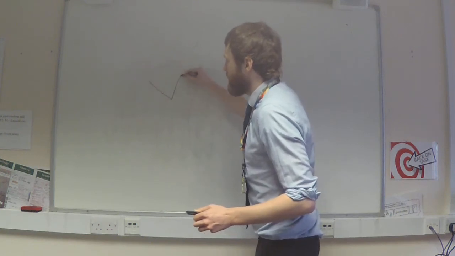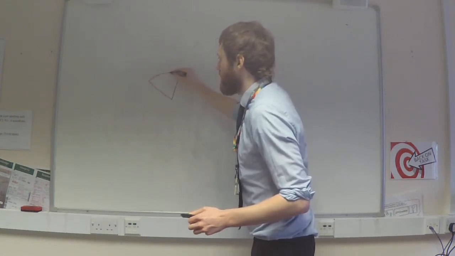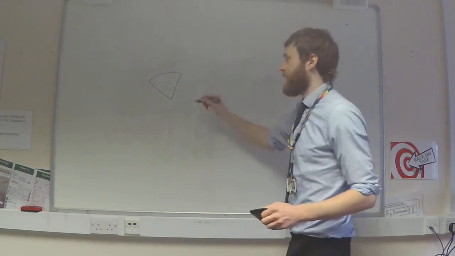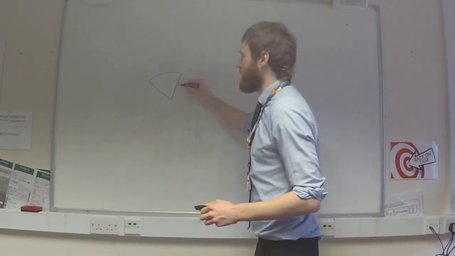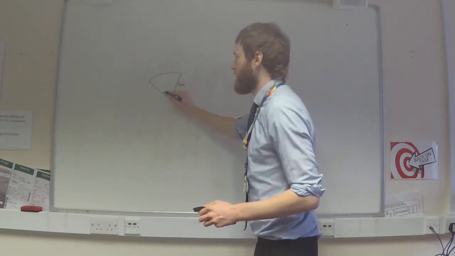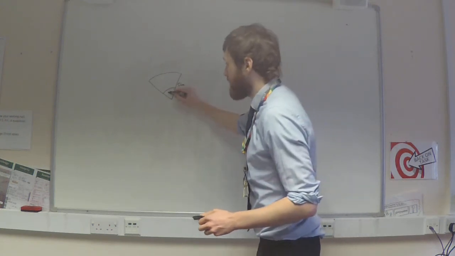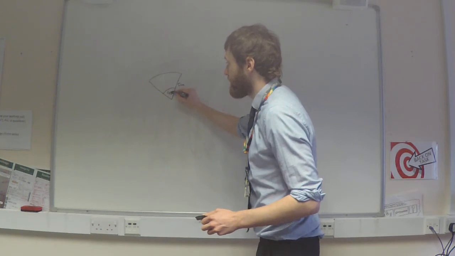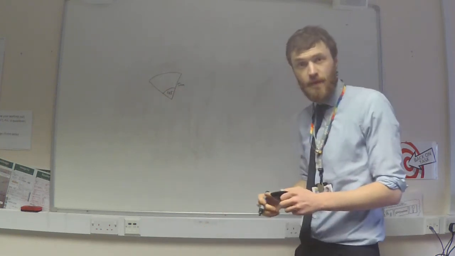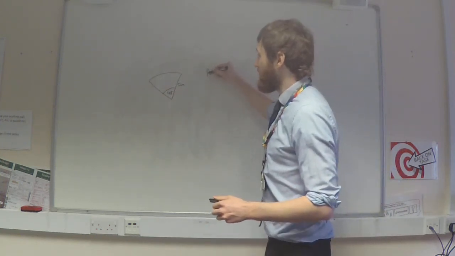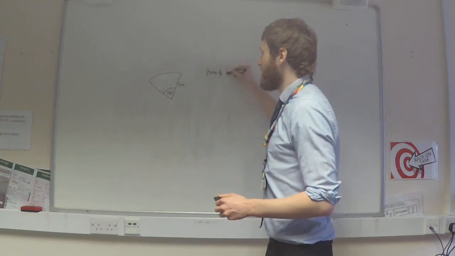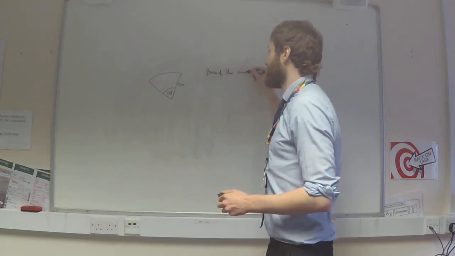They may well give you something a little bit like that. They might say 5 centimeters here, and they might give you an angle here like, I don't know, 40. Okay? They'll say find me the area of this sector.